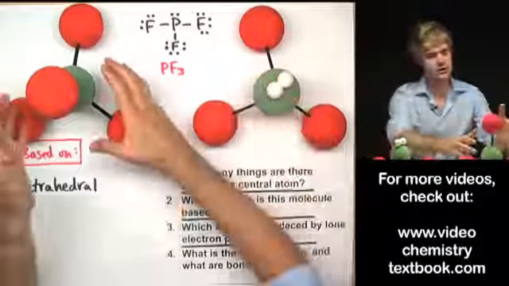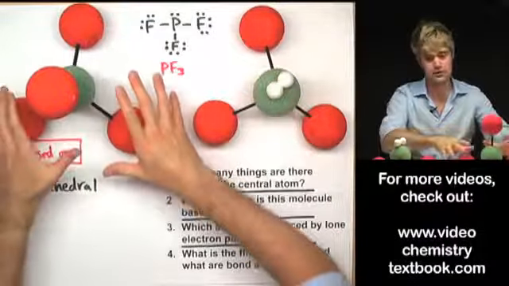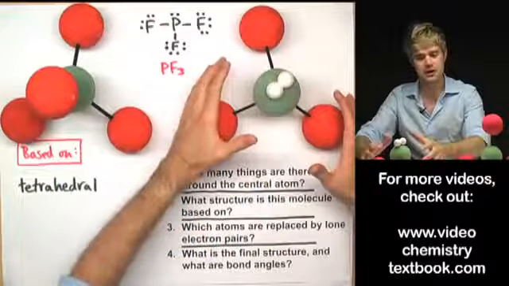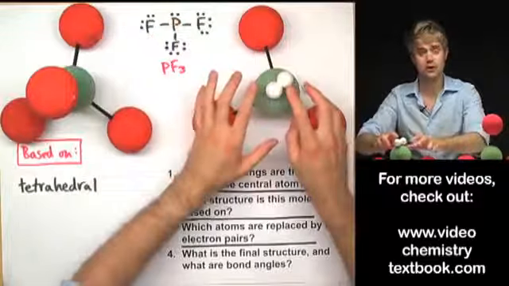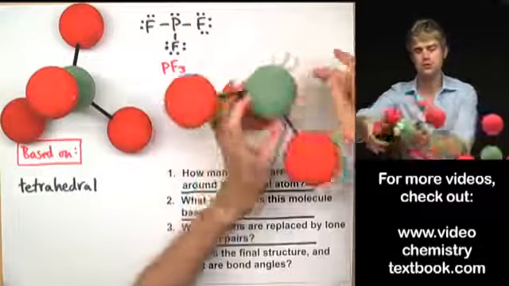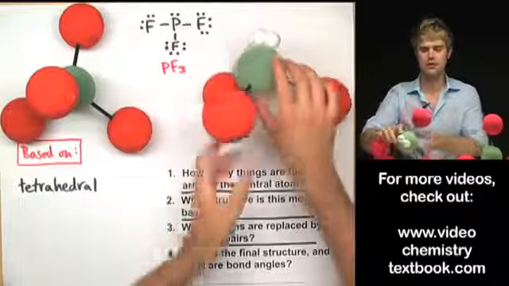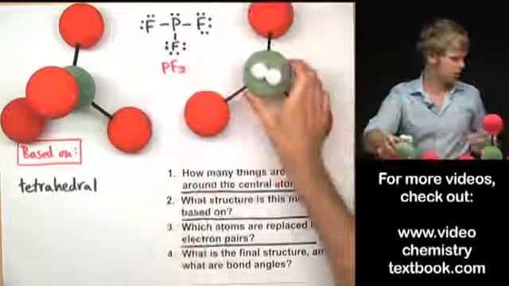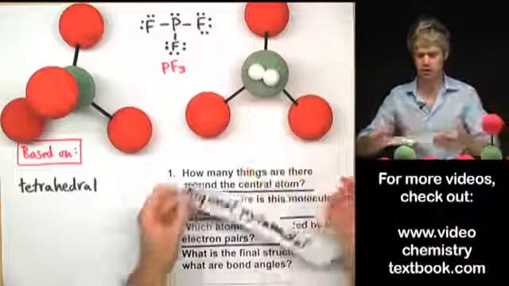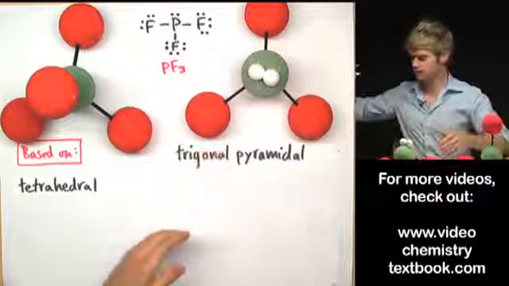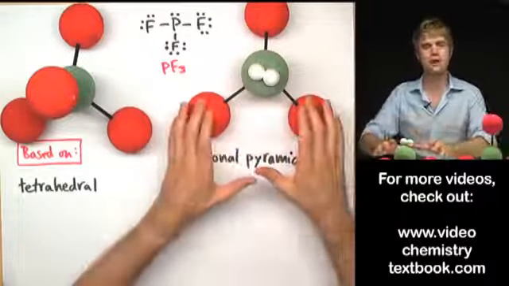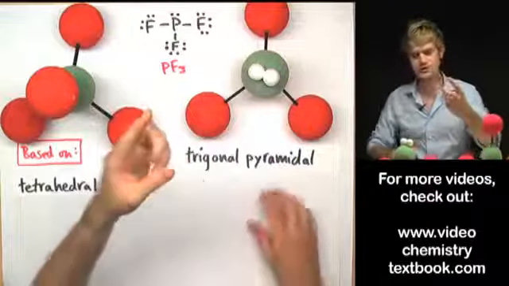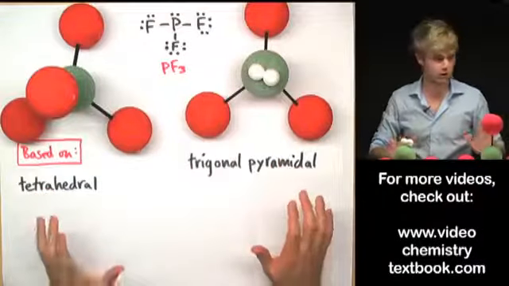So the 4 things in tetrahedral are 4 atoms. The 4 things in PF3 are 3 atoms and 1 lone electron pair. So this shape looks kind of like a pyramid from the side, and we call this trigonal pyramidal. It's what we get when we have 4 things around a central atom, 3 of them are other atoms, and 1 is a lone electron pair.